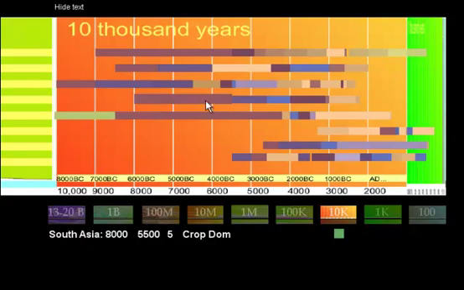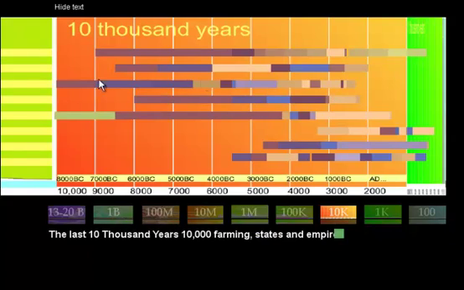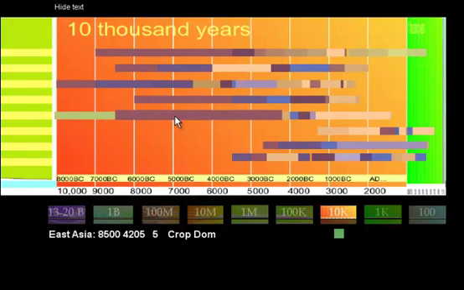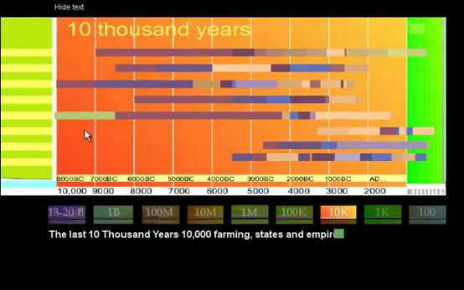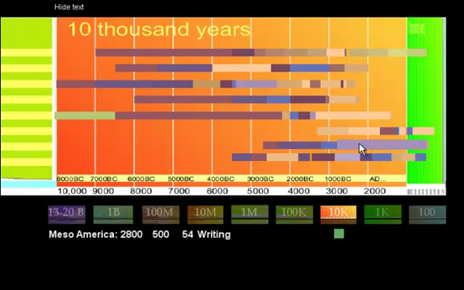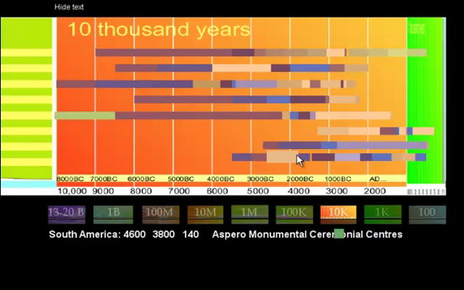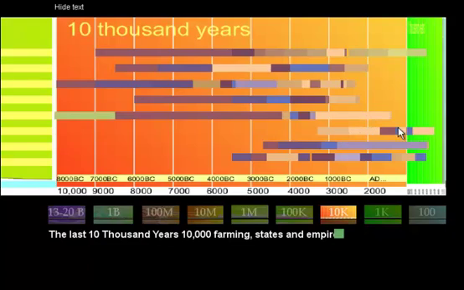So this is South Asia. Sorry about North America not working for some reason, don't know why. Mesoamerica works. South America works, okay. So that's civilizations evolving, or if you like, arising all over the world.